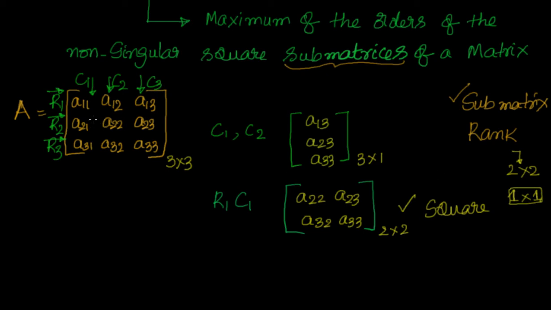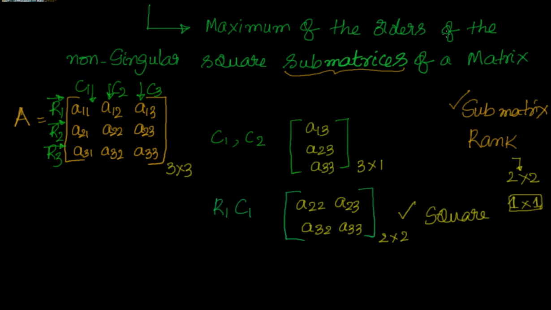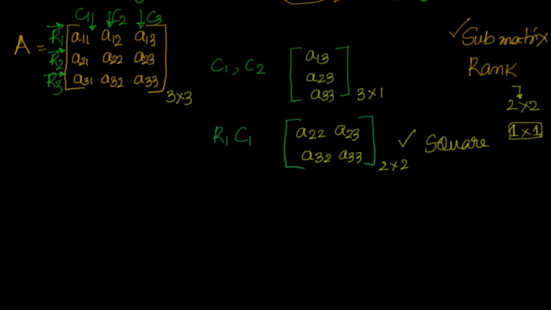So how to get a 2 by 2 submatrix? You take any row, any column, you just remove them. You will get a square submatrix of order 2 by 2. Okay, maximum of the orders. That means what can be the orders of this matrix? Let us try to see what will be the values of rank of a matrix of 3 by 3 order.